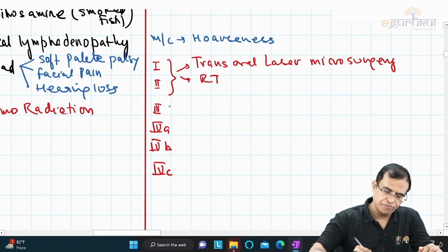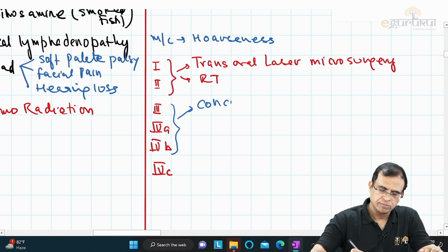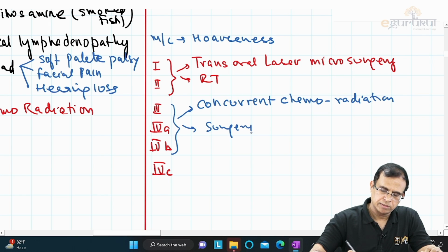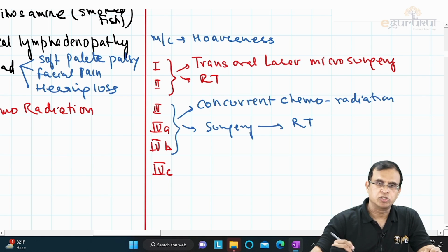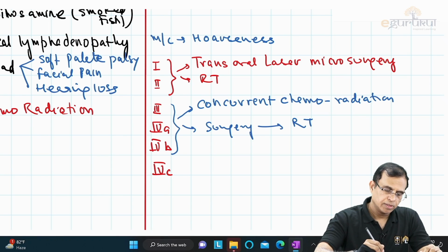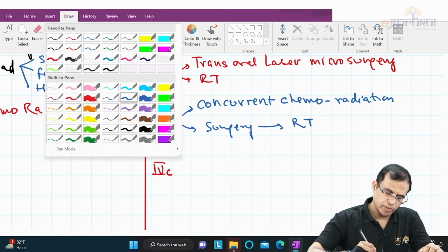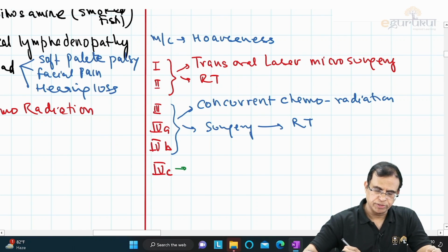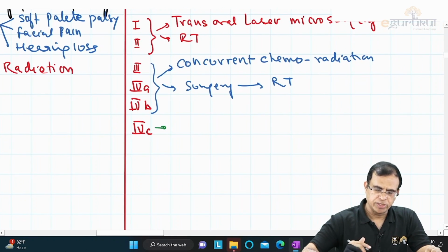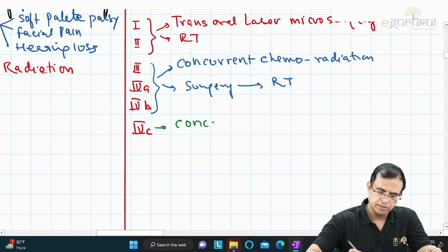In stage 3, 4A and 4B, the best option is concurrent chemoradiation, but surgery followed by radiotherapy can also be used. Second option. In the last one, you have only one option, same as the previous one, which is concurrent chemoradiation.